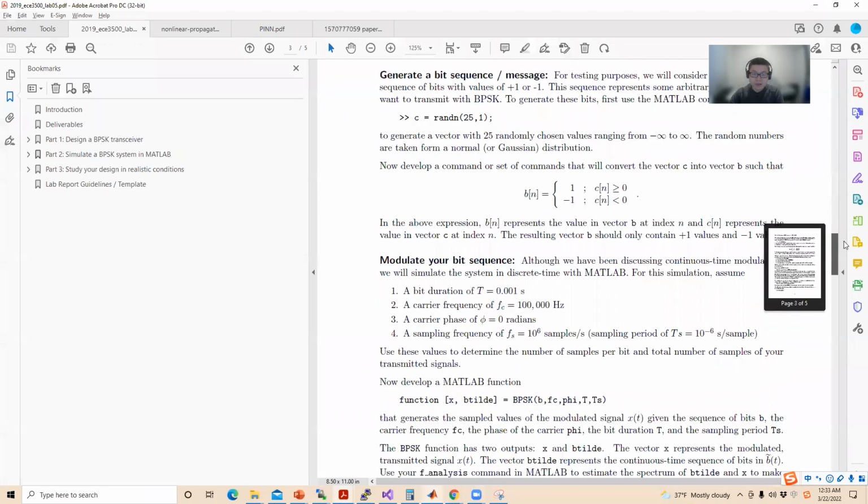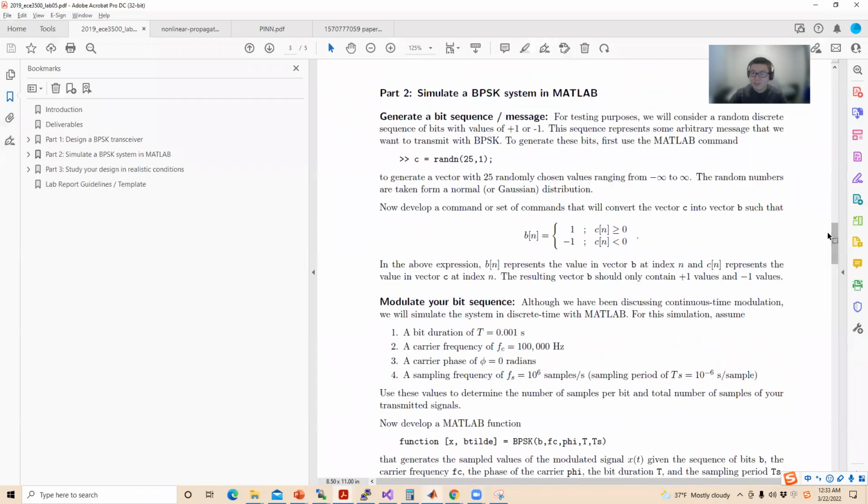For part 2, what I want to say is that generally the transmitted signal will go through some kinds of channels, such as an AWGN channel and an ISI channel. ISI means the intersymbol interference channel. But in part 2, we just assume the channel is perfect, which means there is no noise and there is no ISI.